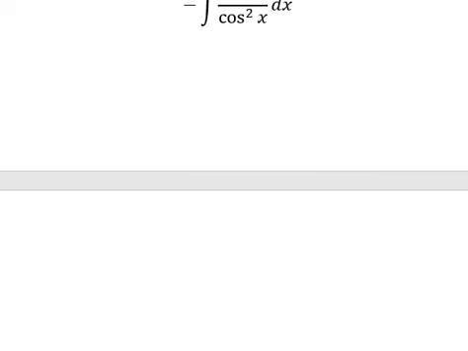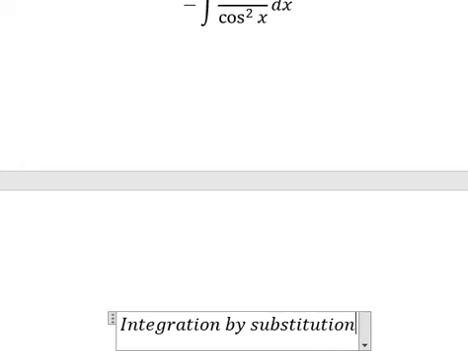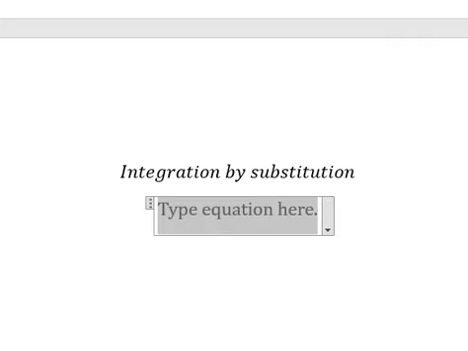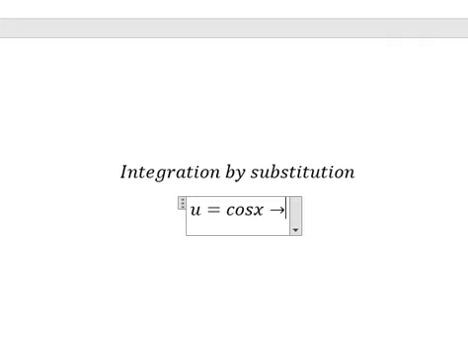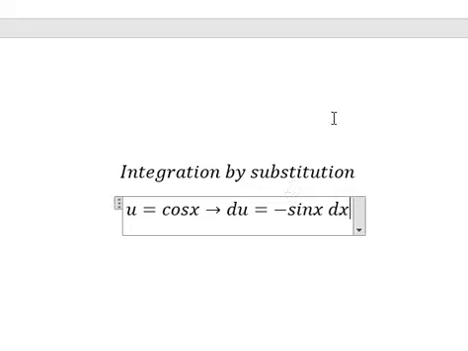So we can use integration by substitution. So I will put u equals cosine x. Later that we need to do the first derivative for both sides, and we have negative sin x dx.